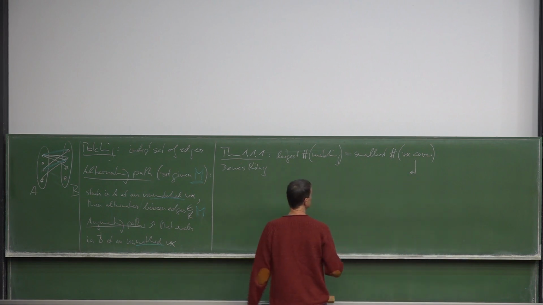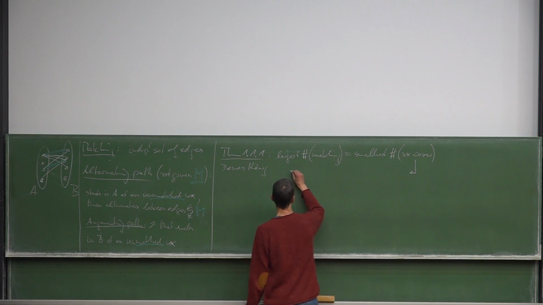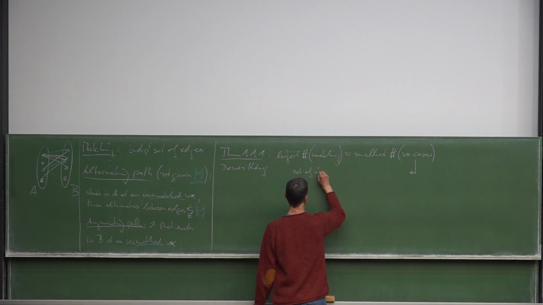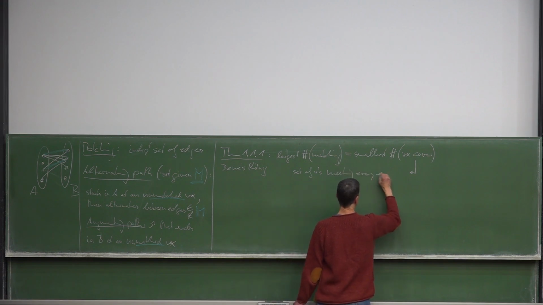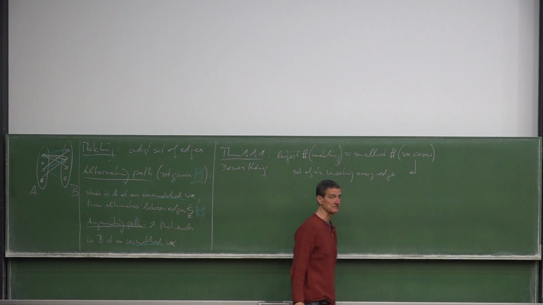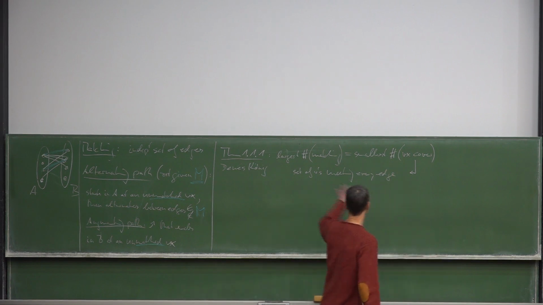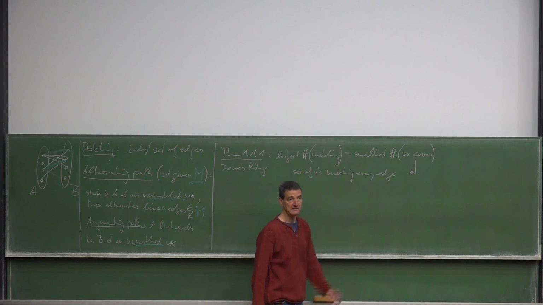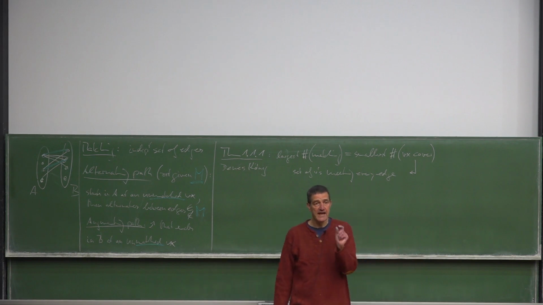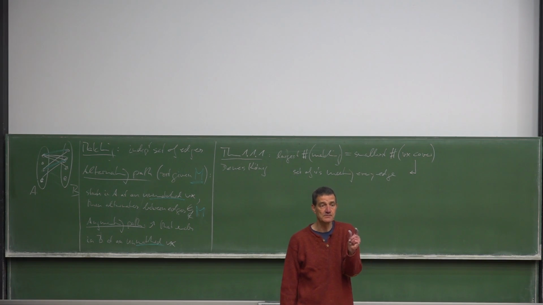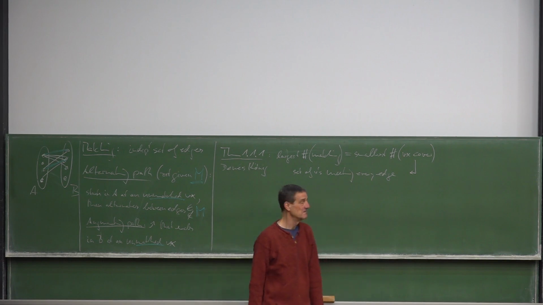That is a set of vertices meeting every edge of the entire graph. This is, of course, for all graphs. So a vertex cover is a set of vertices of that graph that meets every edge. And that is a well-defined statement because an edge is a two-set of vertices, right? It intersects every edge. Okay.